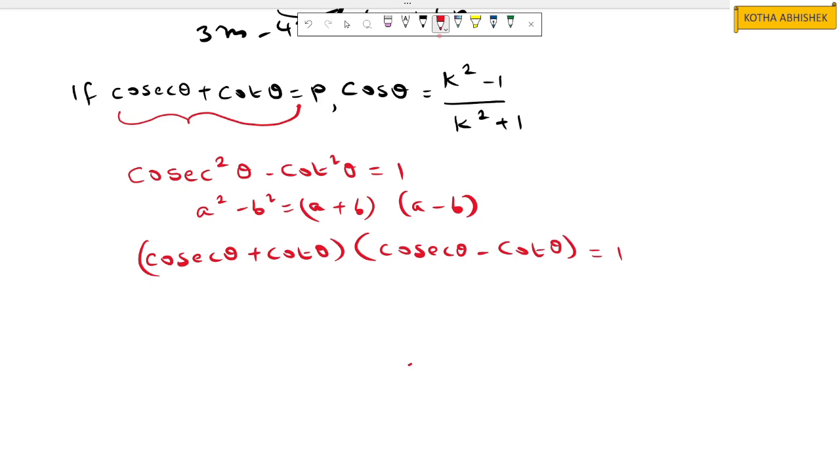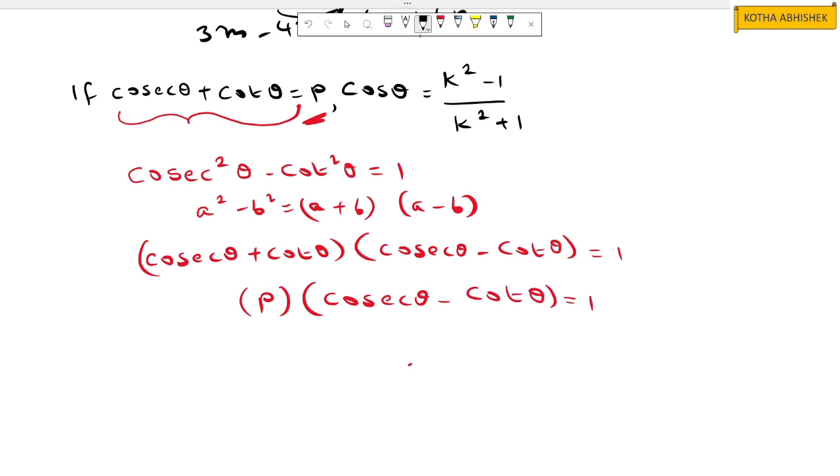Now cosec theta plus cot theta value he gave in the question as some constant p, right? So this total cosec theta plus cot theta I am replacing with p, into cosec theta minus cot theta, which equals 1.